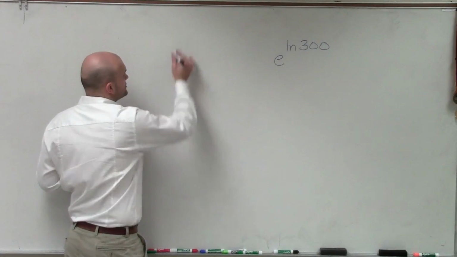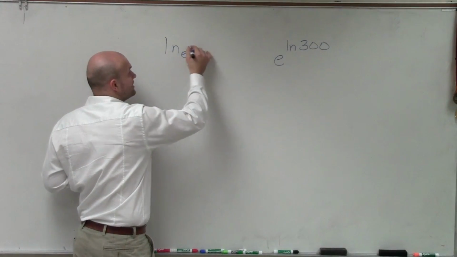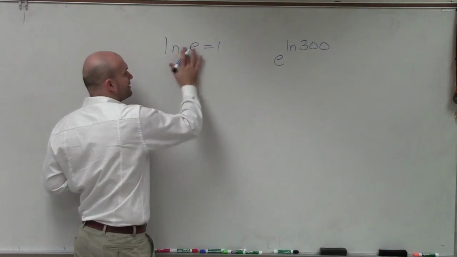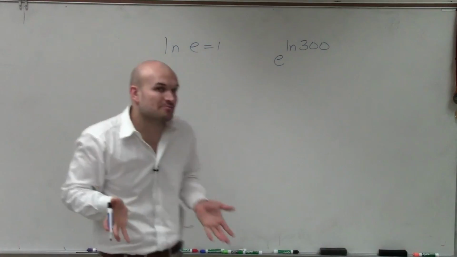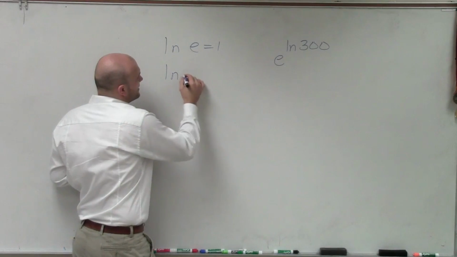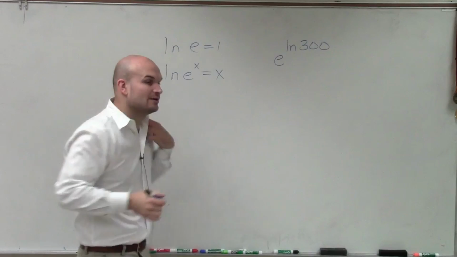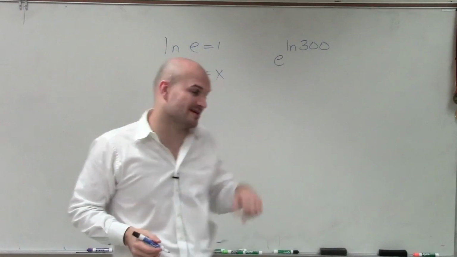So if we just look at the natural logarithms, one thing that we said is, ln e, a base e of e, we know is equal to 1. And remember that ln always has your base e, so we usually commonly do not write it in there. But then if I have ln of e raised to an x, then therefore it's just going to equal whatever power my e is raised to.